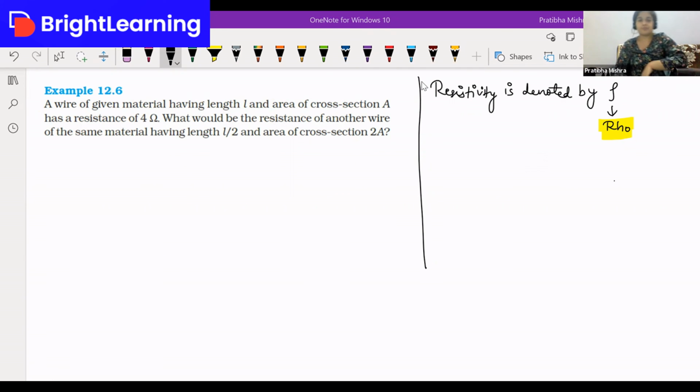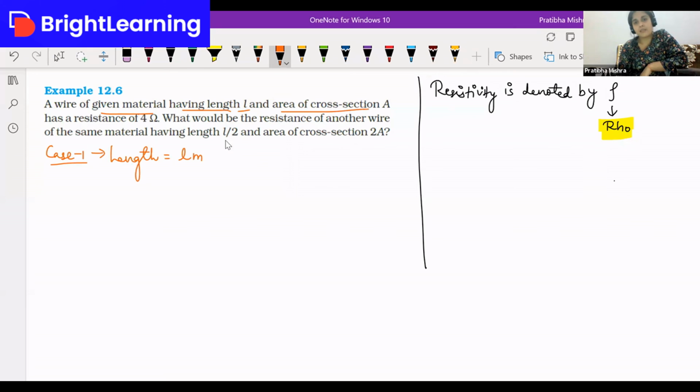The question says a wire of given material having length L. In case one, the length is L meter.